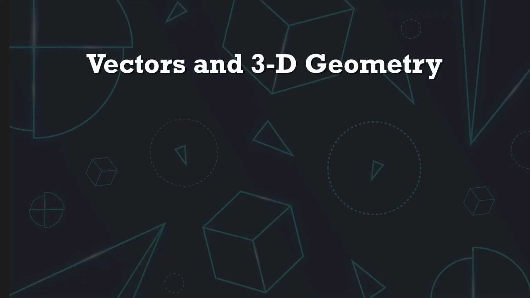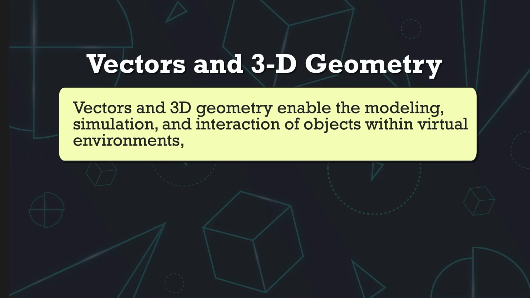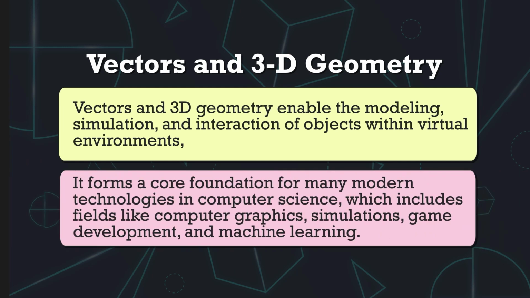Again, vectors and 3D geometry are very much relevant from the point of view of modeling and simulation, wherein we are going to work with the interaction of objects in virtual environments, and it actually forms the core foundation of many modern technologies, say computer graphics or animation or simulation or game development and machine learning.